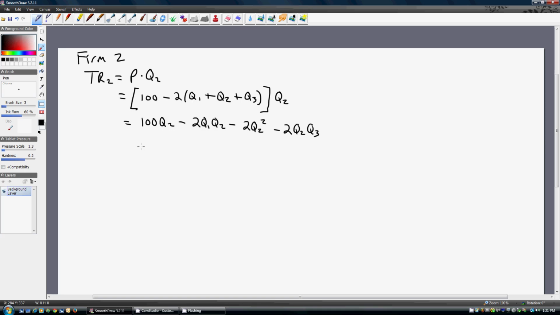And now we're ready to take a partial derivative with respect to firm 2's output. This partial derivative will represent the marginal revenue of firm 2.